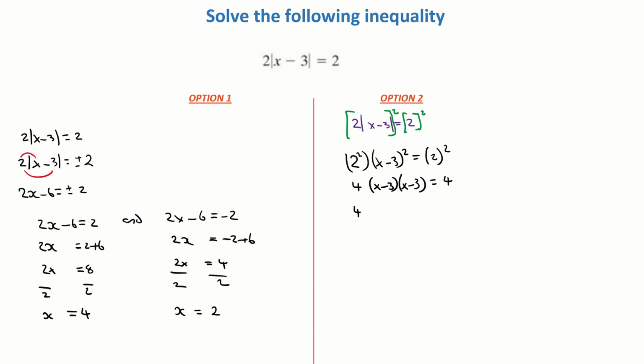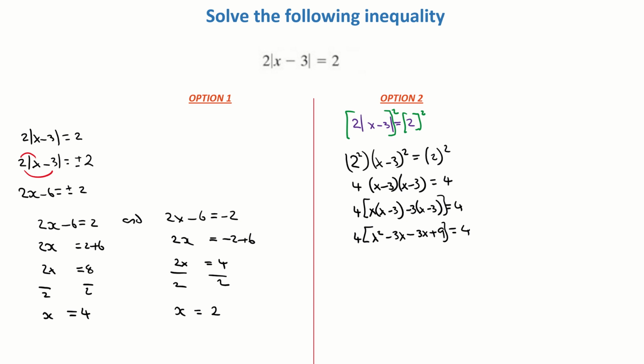Multiplying out the two brackets, let's put it in a square bracket. It's going to be x times the second bracket, then minus 3 times the second bracket, is equal to 4. x by x is x squared, x by minus 3 is minus 3x, minus 3x plus 9 equals 4.